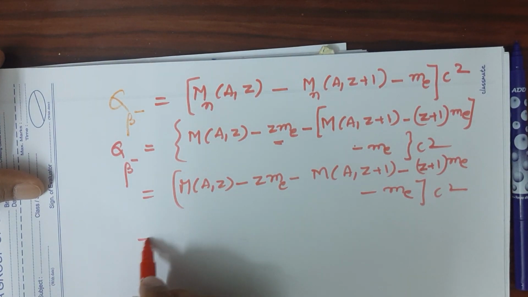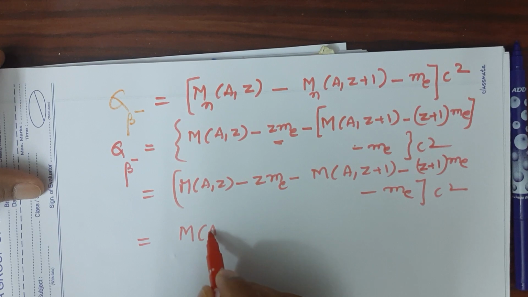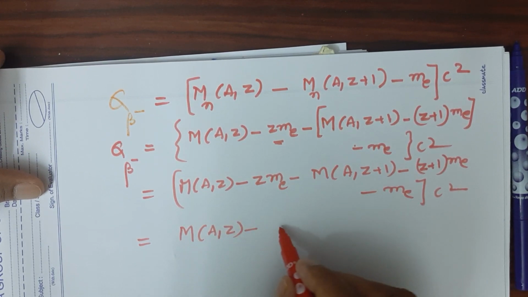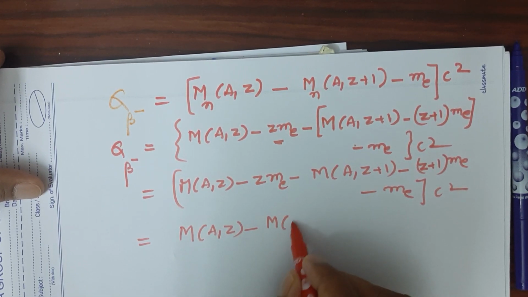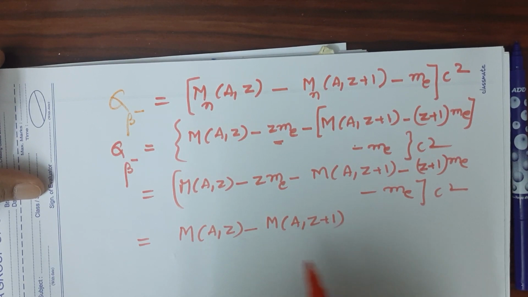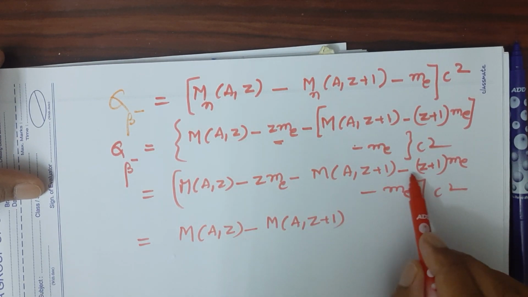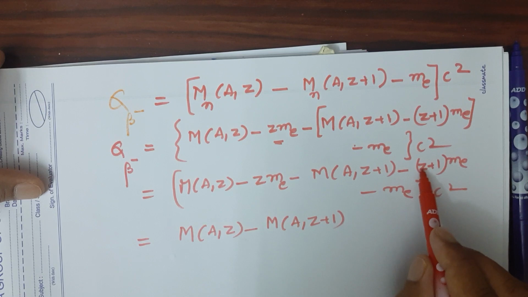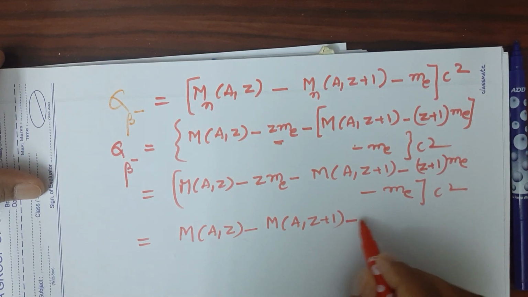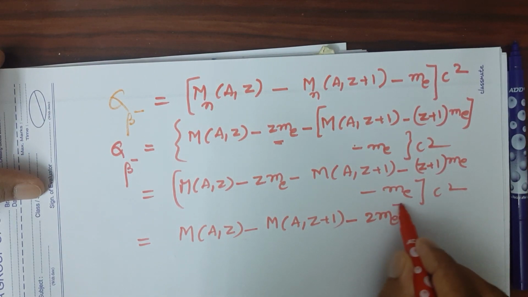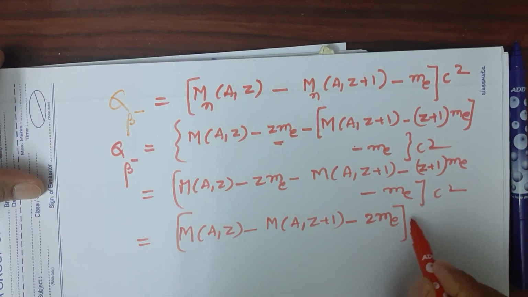From this, m of ZA minus m of A Z plus 1, and separating the electron terms, we will get minus 2Me into c square.